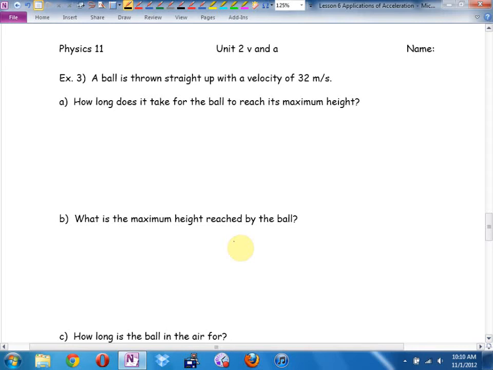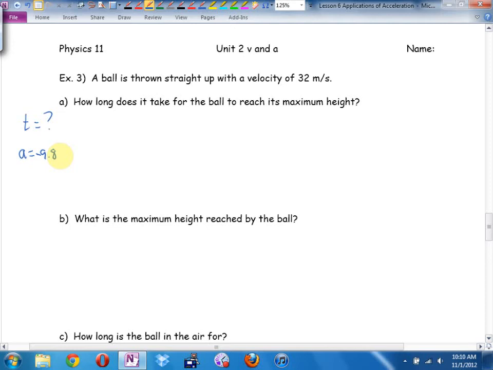How long does it take? Time. Let's write down t equals question mark. Elijah, are we in free fall? Yeah. Right away we can say a equals negative 9.8. Cool.